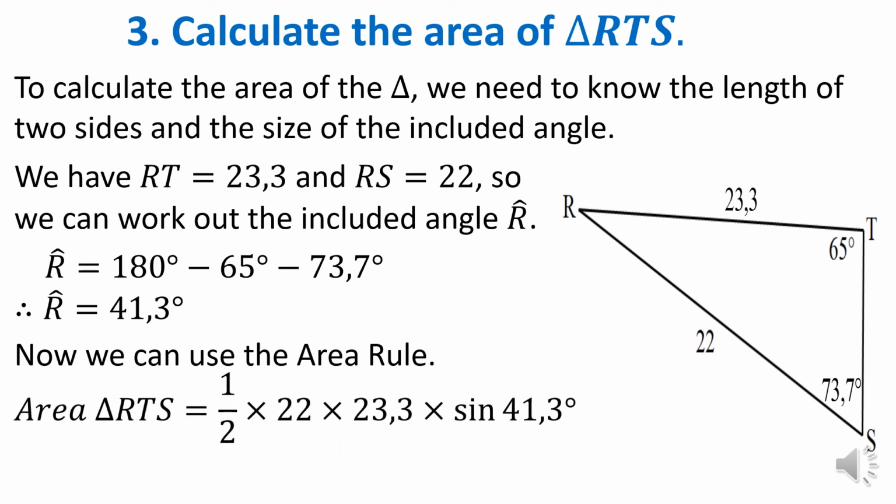The area of triangle RTS is equal to a half times 22 times 23,3 times sine of 41,3 degrees. Therefore, the area of RTS is equal to 169,2 units squared. It's important to remember whenever we are dealing with area, we have to square our units.